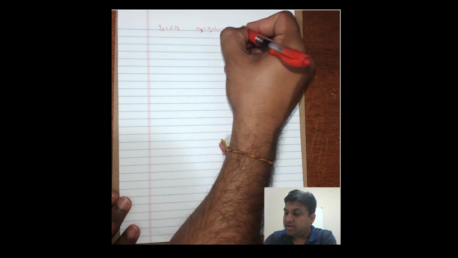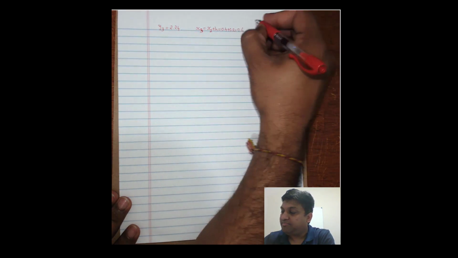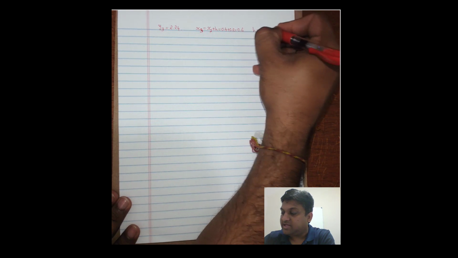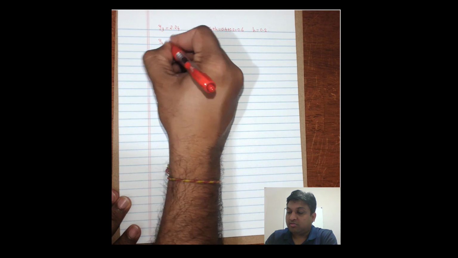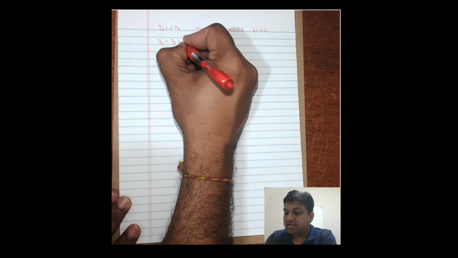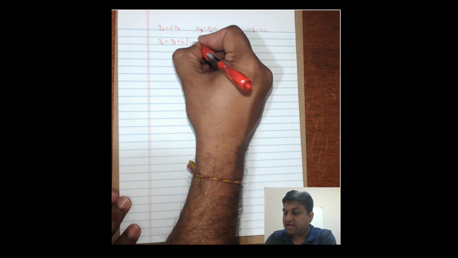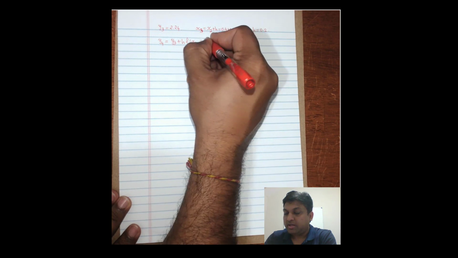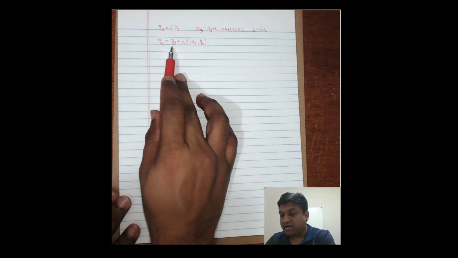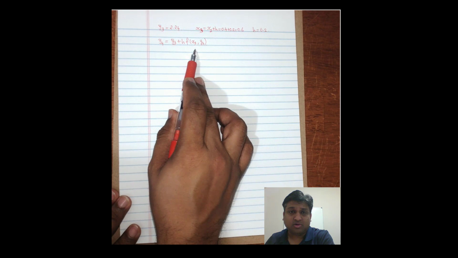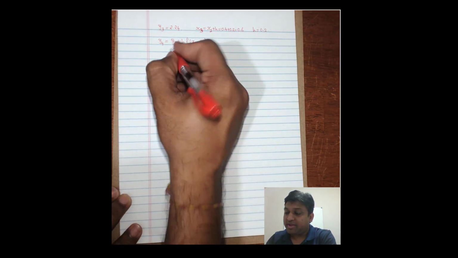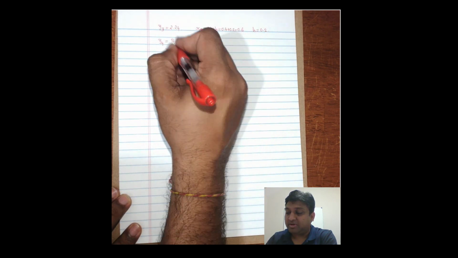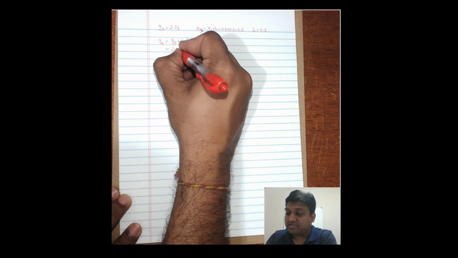You add 0.2 to it, it's 0.6, and h stays the same. Let's calculate y4. y4 is y3 plus h times f at x3 y3. By the way, there is no need to write down this formula over and over. If you want, you can write down the values directly. Since this is the first example, I'm going to write down every single step here.